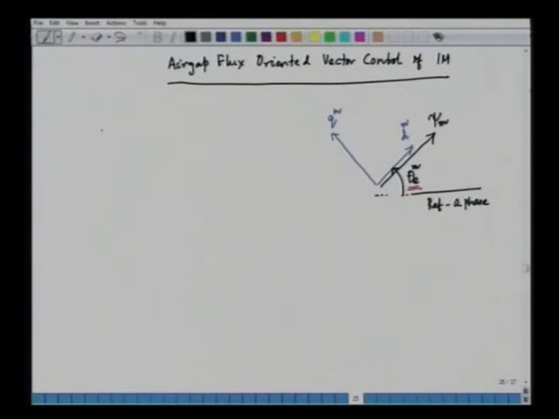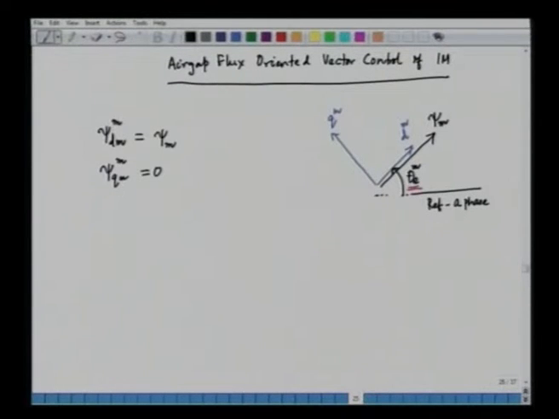And what we do here, we have oriented the d axis along the air gap flux vector. So, due to this special orientation, what we obtain is the following: psi d m, the air gap flux in the d axis in the reference frame oriented along the air gap flux vector, is equal to psi m, the total air gap flux, and psi q m in the air gap flux reference frame is equal to 0, because in the q axis there is no component of the air gap flux.